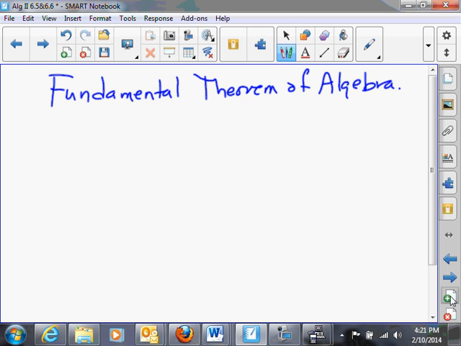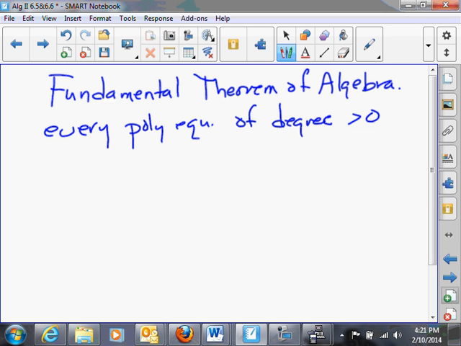The fundamental theorem of algebra says every polynomial equation of degree greater than 0 has at least one complex 0.